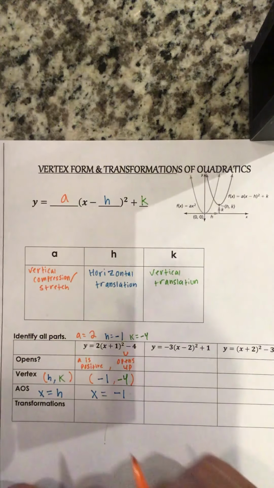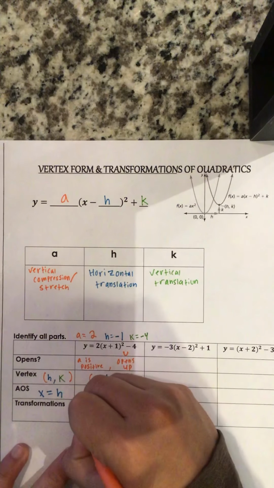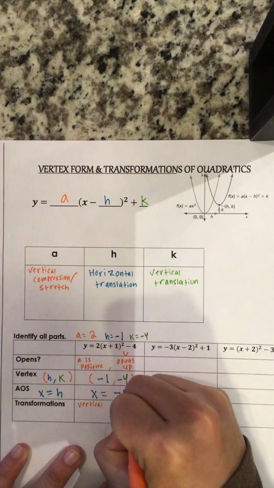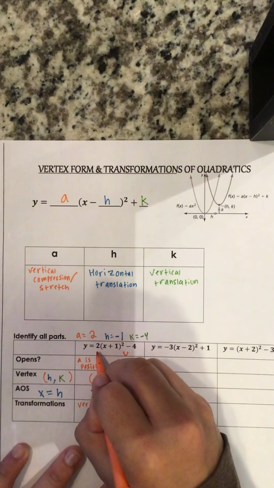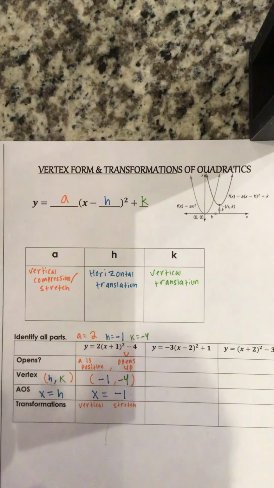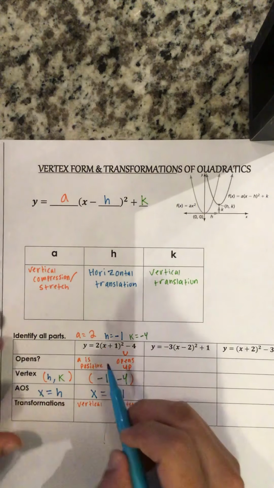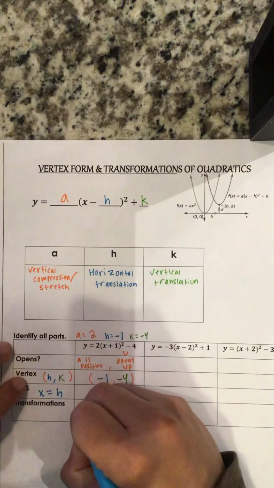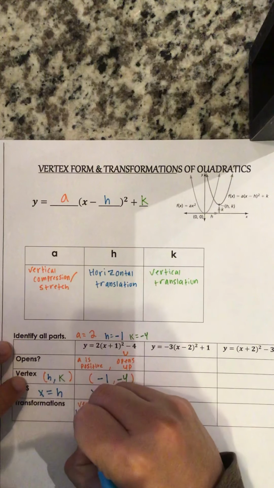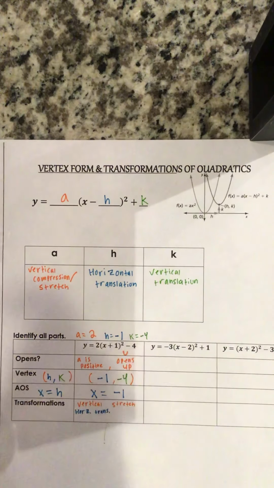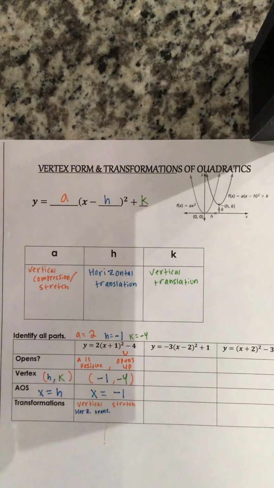So the transformations that are happening: I have a vertical stretch, right? Because this number in front is greater than 1. So the 2 tells me I have a vertical stretch, okay? Because I have a +1 in here, that tells me I have a horizontal translation. Now since it's +1, it's kind of the opposite.